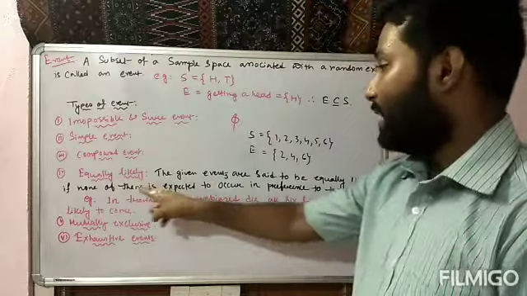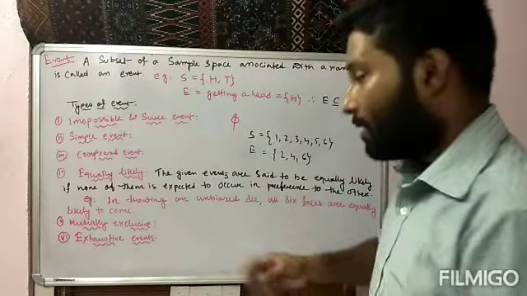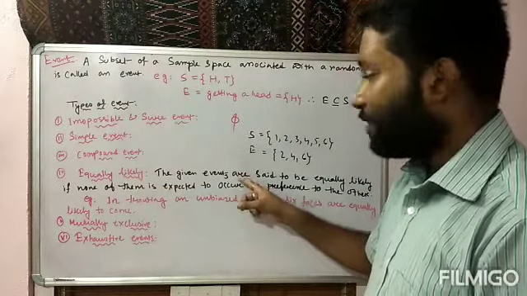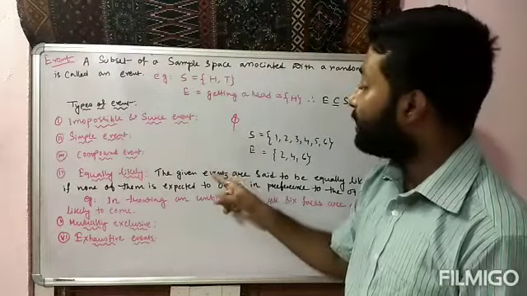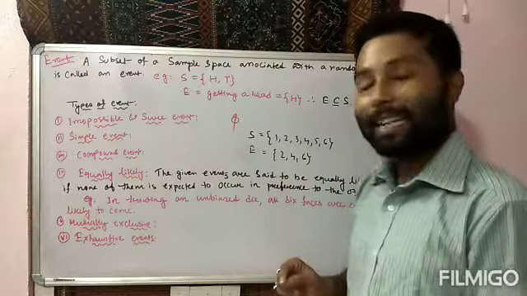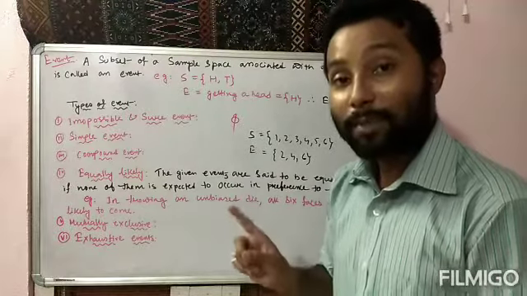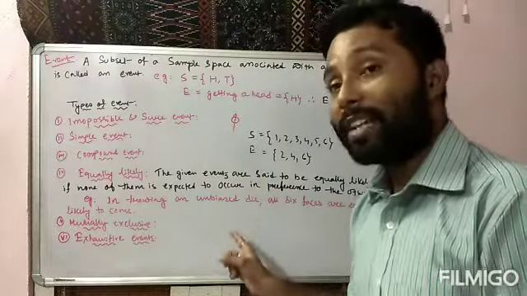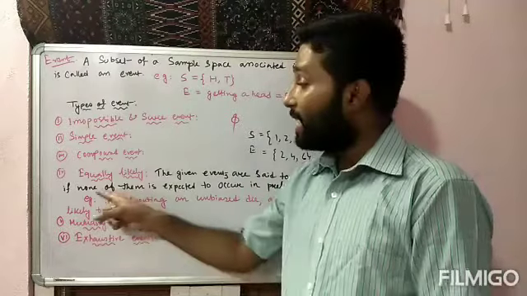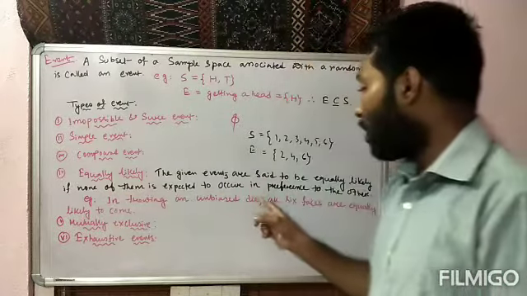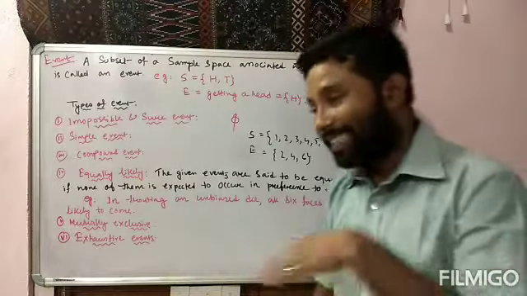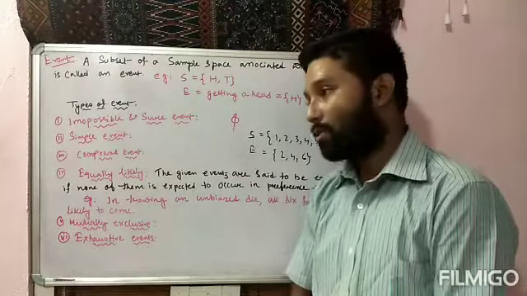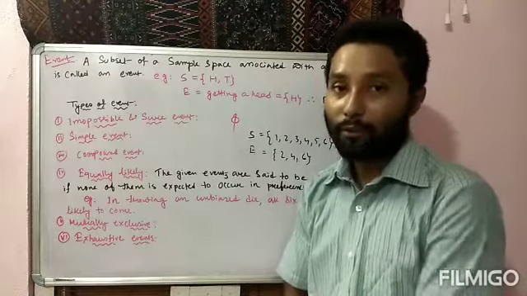What does this mean? The given events means events are the subset of a sample space. The given events are said to be equally likely if none of them is expected to occur in preference to the other. So when a die is thrown, total outcomes are 6: 1 2 3 4 5 6.